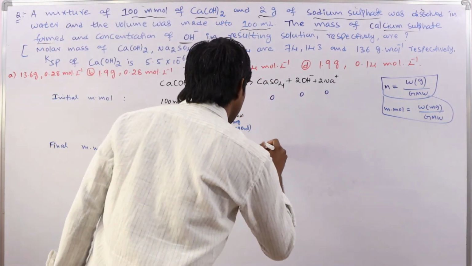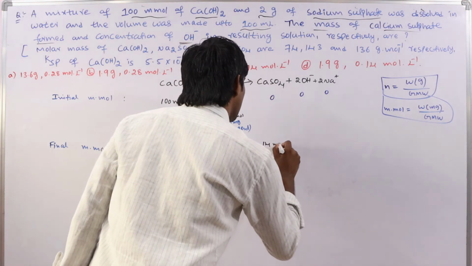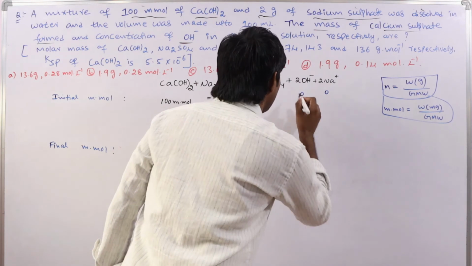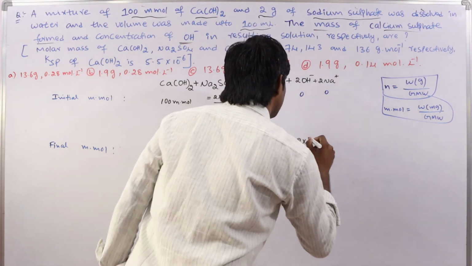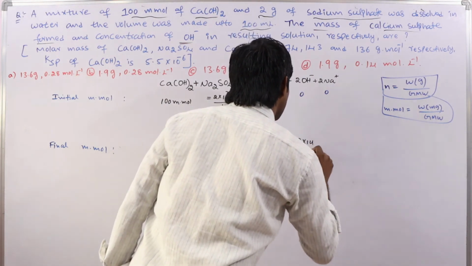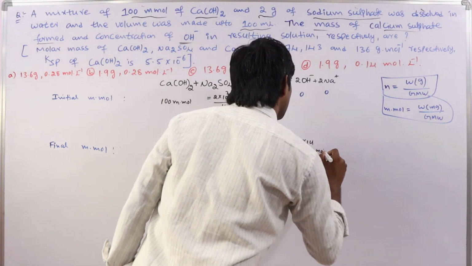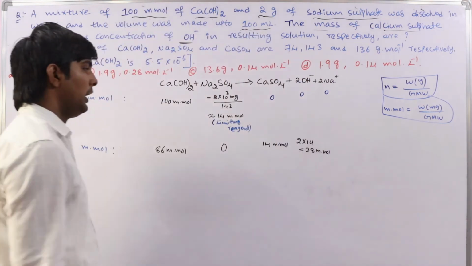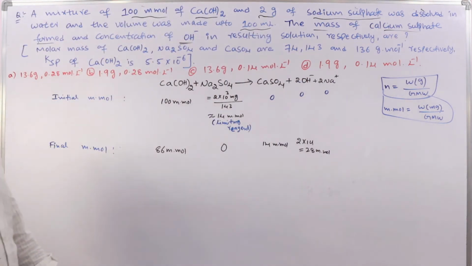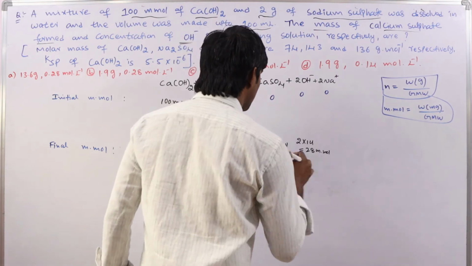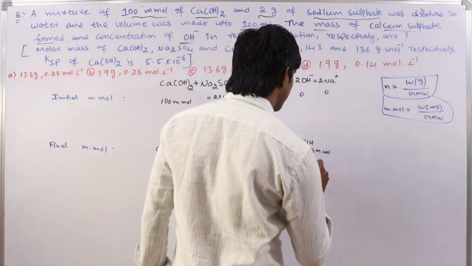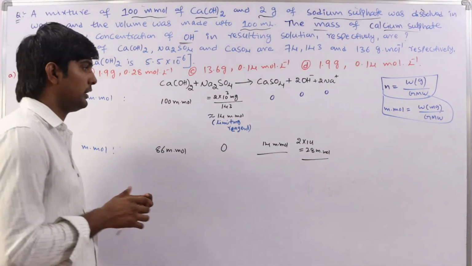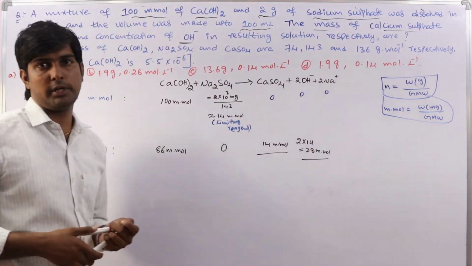So here also we get 14 millimole of calcium sulfate, and for this one we have 2 moles, so 2 into 14, that is equal to 28 millimole of hydroxide ions formed. Okay, so we have 14 millimole of calcium sulfate and 28 millimole of hydroxide ions present in the resulting solution.